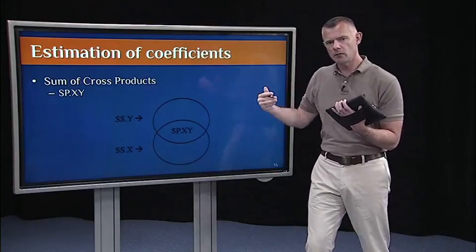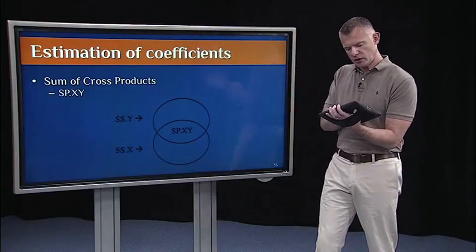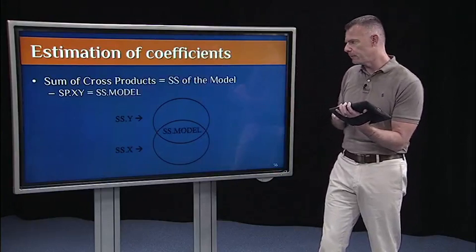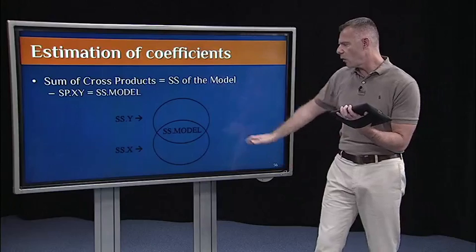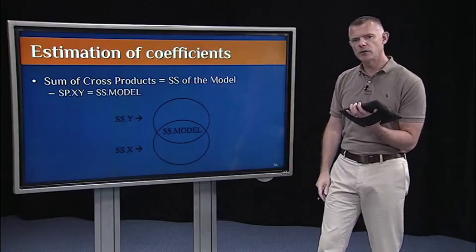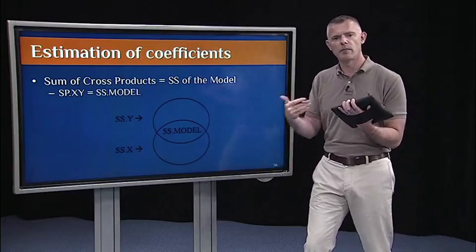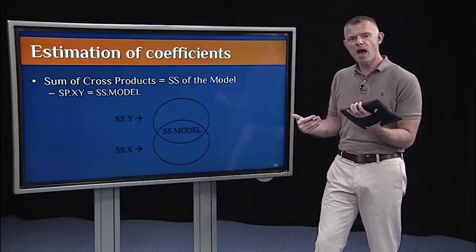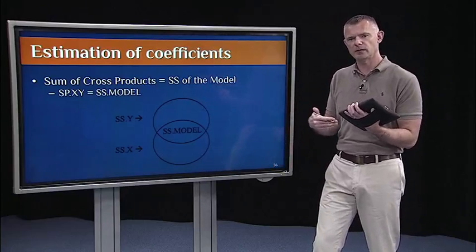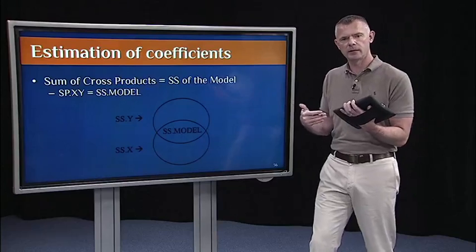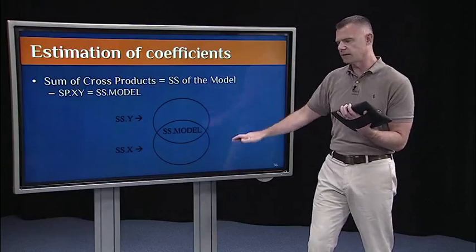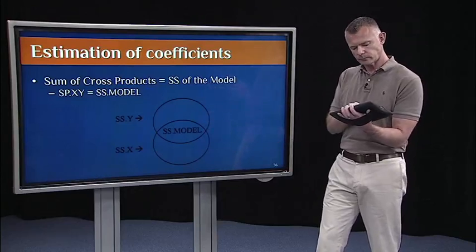Now that we're in regression, I'm going to change the notation a little bit. And now this overlap I'm going to refer to as sums of squares for the model. So this is the model sums of squares. You can think of this as the explained or systematic variance in y that's explained by x.